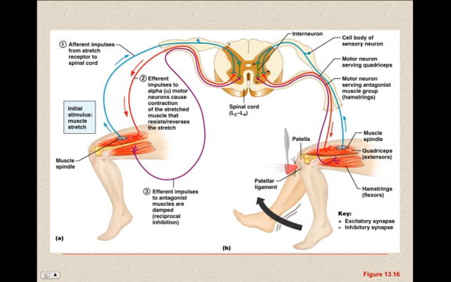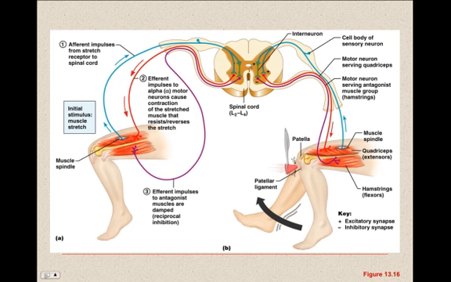Now what's interesting is here you see the sensory neuron also branches with an interneuron that's going to branch with another motor neuron that's going to the opposing or antagonist muscle, the hamstring. And what's interesting is it inhibits. It's an inhibitory potential here.